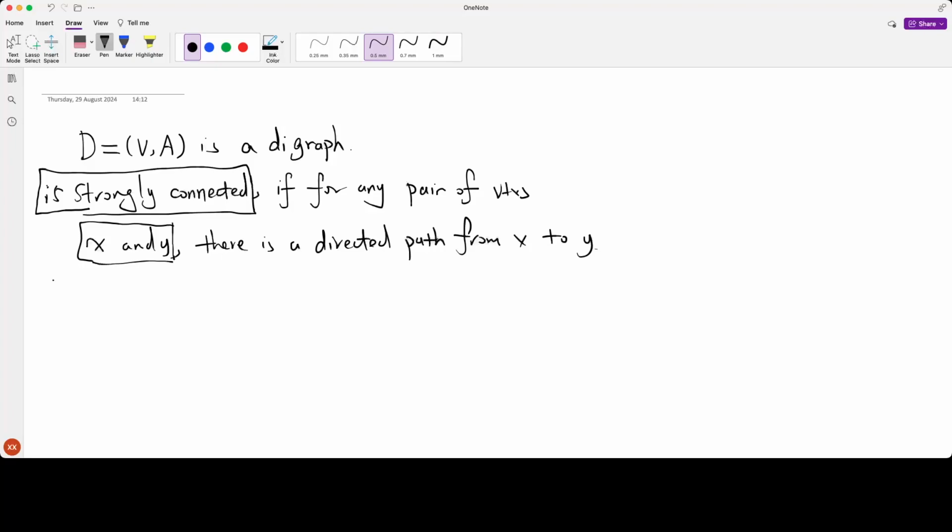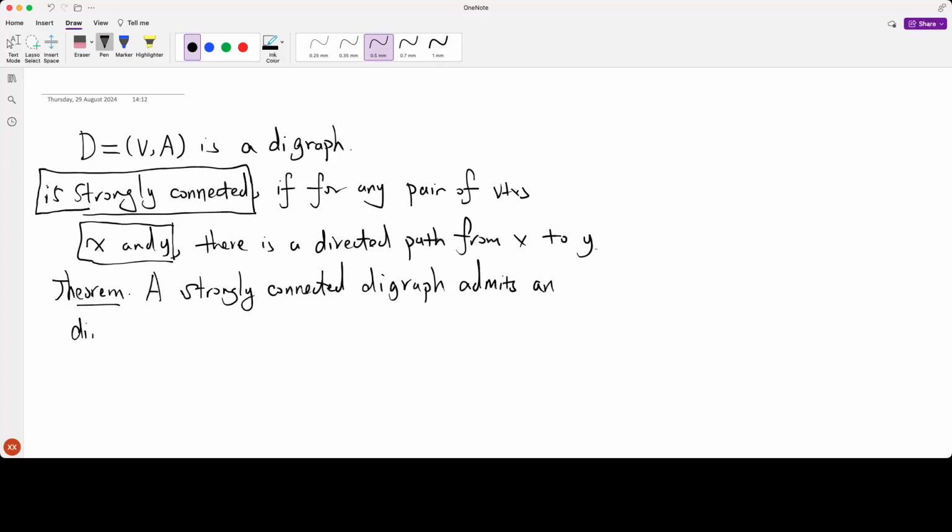Okay, so after this definition, I have this theorem saying that a digraph, actually a strongly connected digraph, you have to assume this, a strongly connected digraph admits a directed Euler tour if and only if for every vertex x, the out degree of x equals the in degree of x.